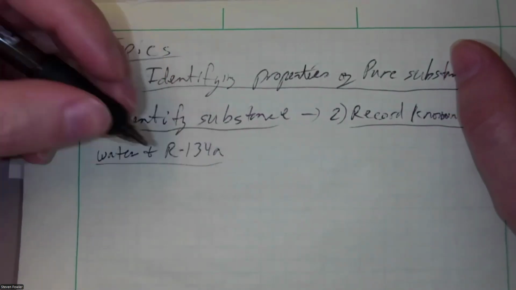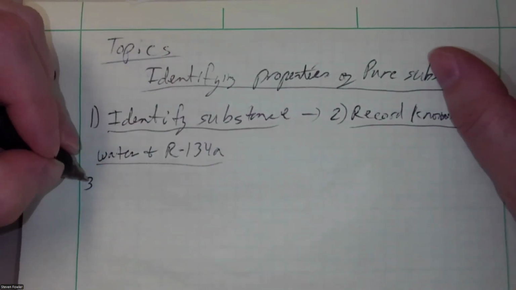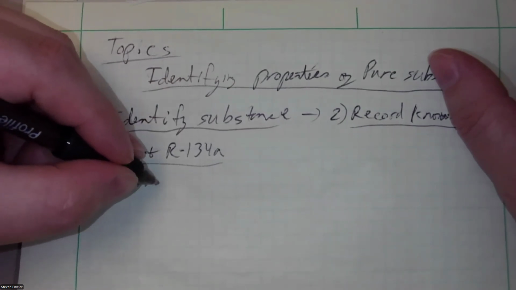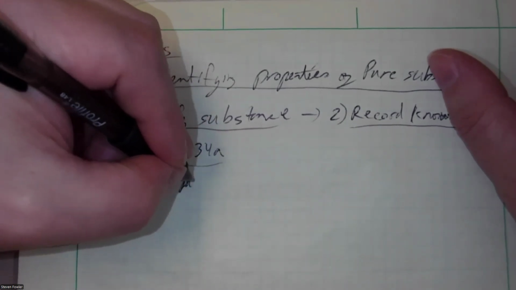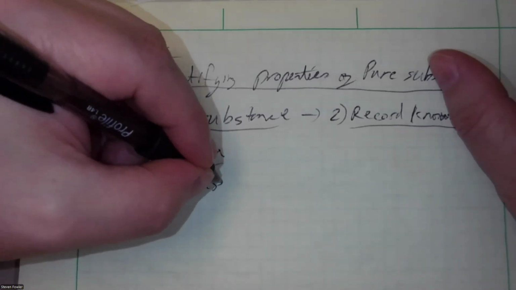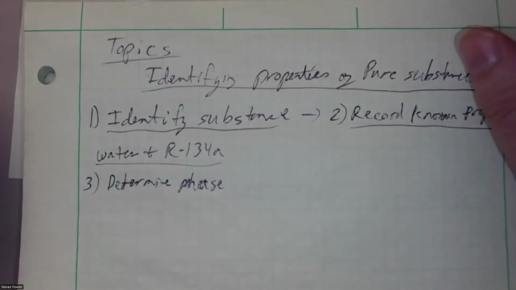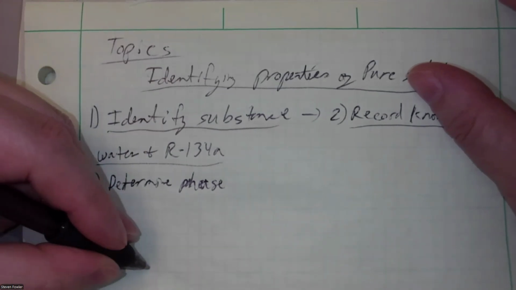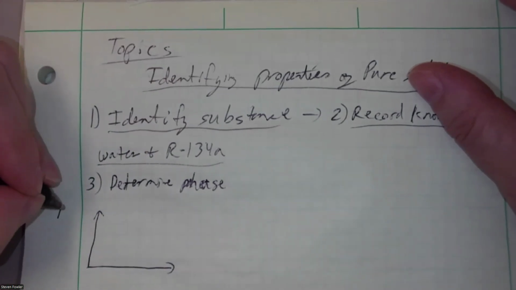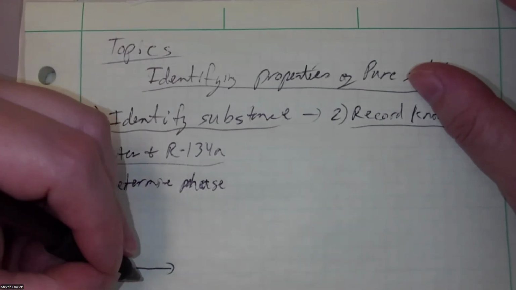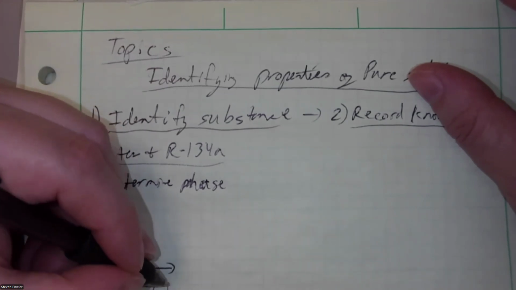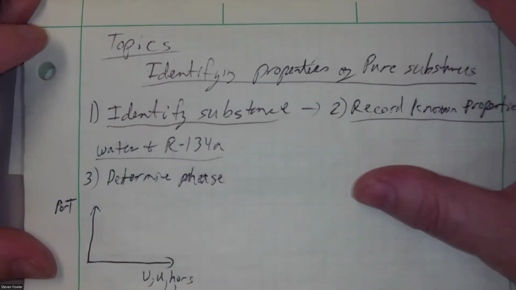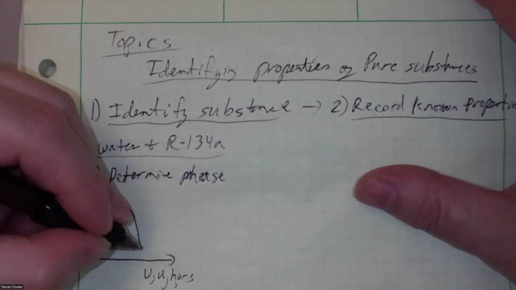Now, if it's water or R134a, step three is basically determine the phase. That is the most important thing for us, which basically means which table, which row am I using? Because I'm going to use property tables. I need to know two properties. I either need to know P or T, and I need to know v, u, h, or s. And I've got this diagram.